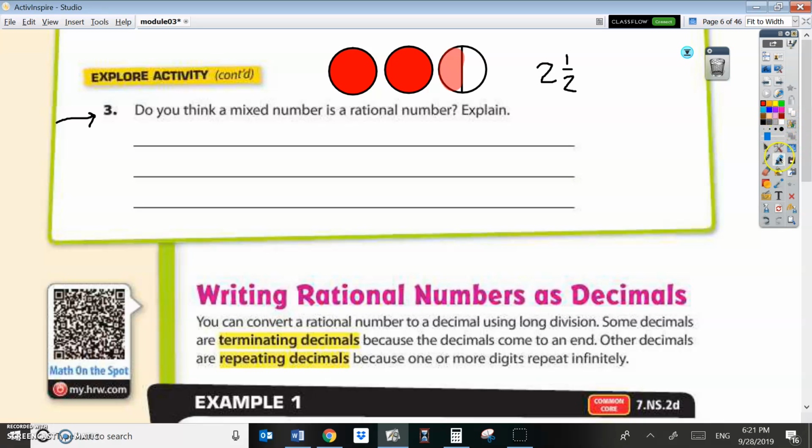Okay, that's 2 1/2. But look what it also is. It is also 5 over 2.